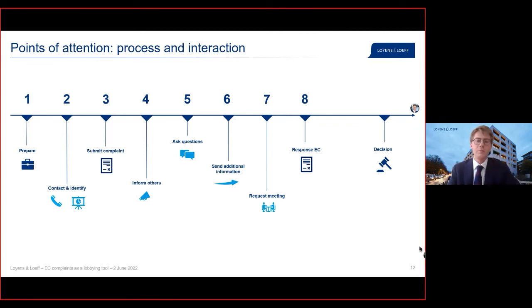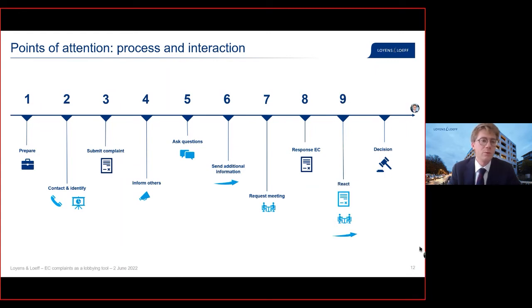What happens in complaints, especially complaints for breach of EU law, is that the Commission will first take its formal position, but will not take the final decision yet. They will say, this is our position for the time being. Do you have any reaction to that? At that time, it's the most crucial moment in the entire timeline.